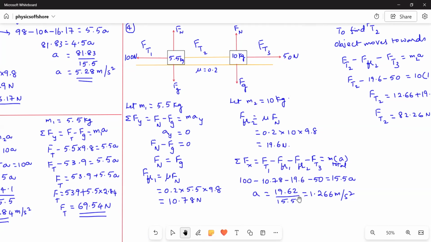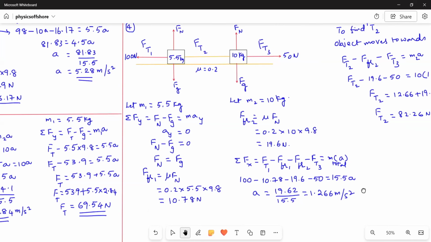This must be equal to M total. Both the masses are moving, so we have to take the M total. M total is 15.5 kilograms times acceleration A. From this, we calculate the acceleration A is equal to 1.266 meters per second squared.